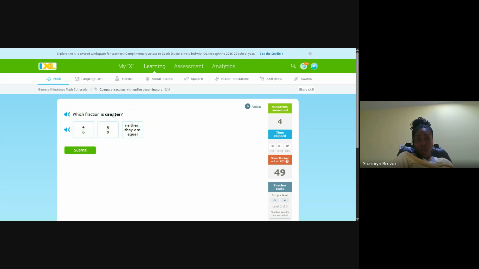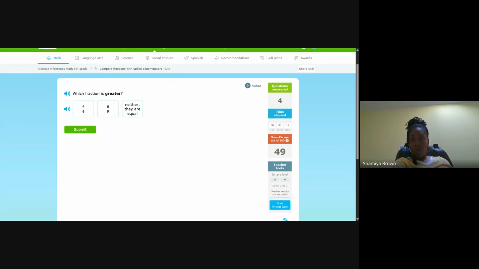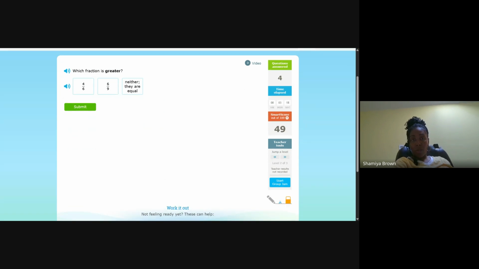Which fraction is greater? So for these, I have 4/6 and then I have 6/9. So I'm going to cross multiply. 4 times 9 is 36. 6 times 6 is also 36.